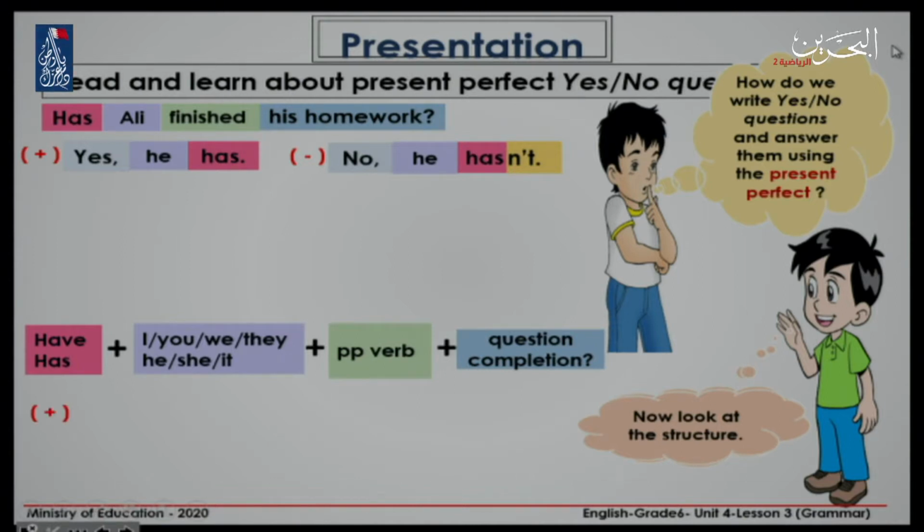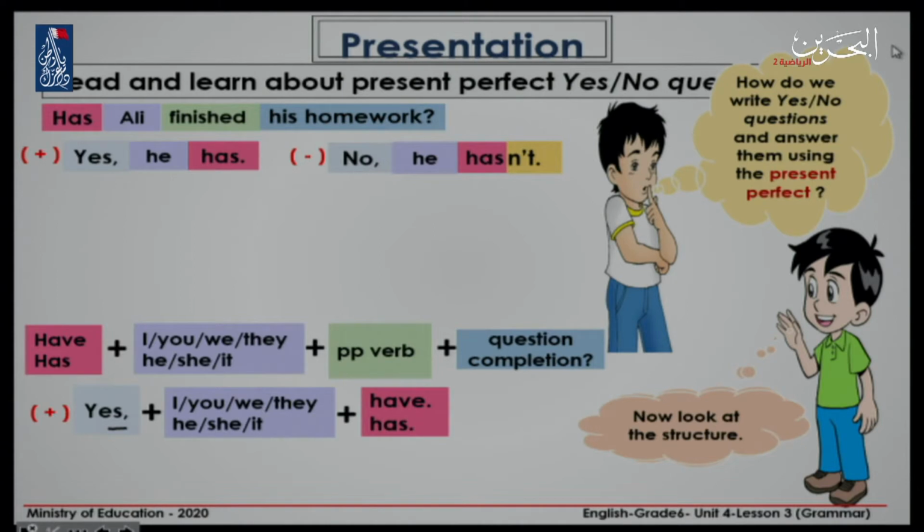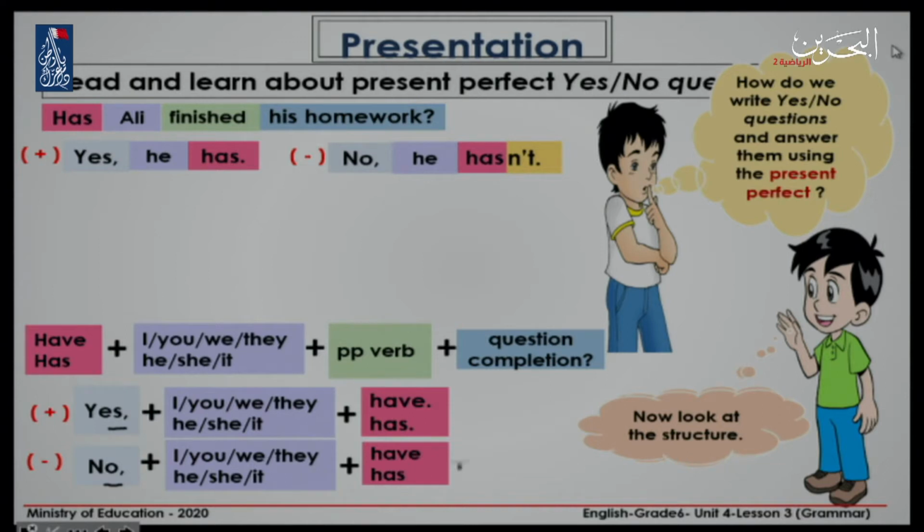Now to answer the question, for affirmative, you start by saying yes. And don't forget to write the comma. And then you write the subject. And finally, you write have or has. For negative, you say no, you write the comma, and then you write the subject, and then you write have or has, and finally, because it's negative, you will write not.